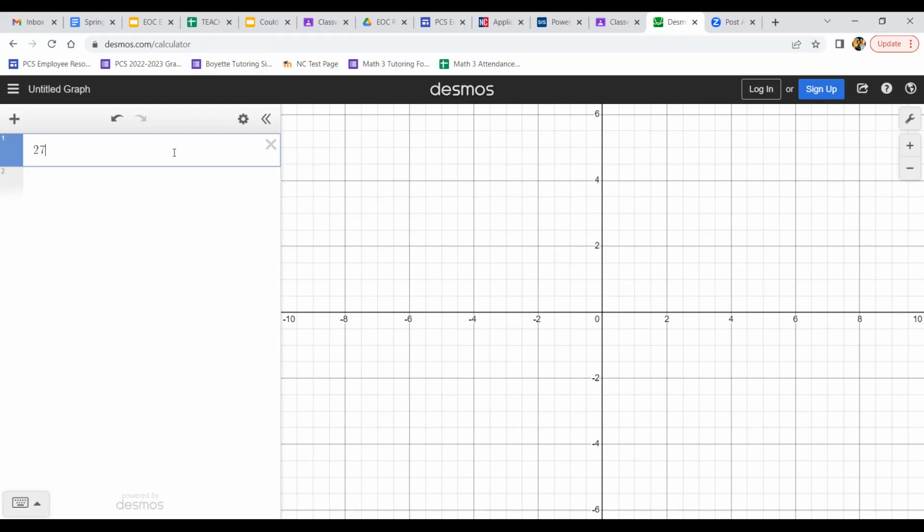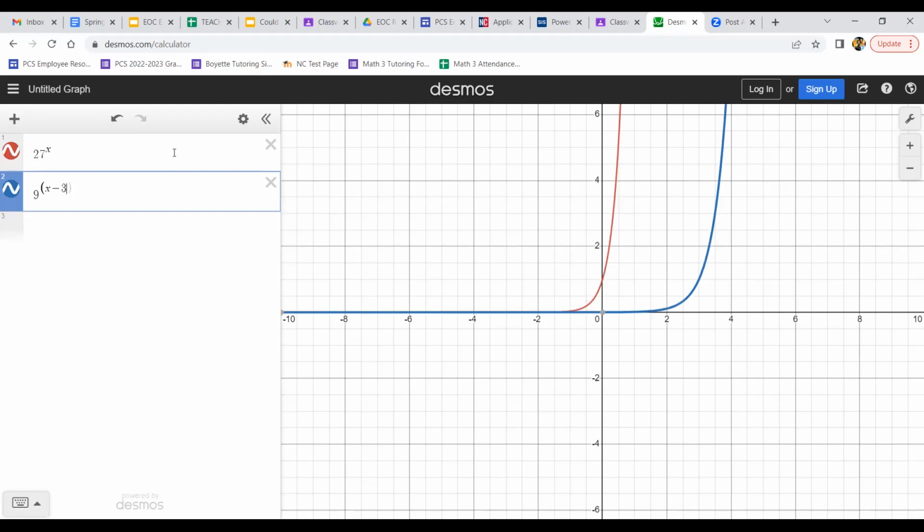I'm going to type shift 6, 27 to the X. And then 9, shift. And then to get X minus 3, I have to put it in parentheses, X minus 3. Otherwise, it won't let me do the minus 3. Okay. Is it very easy to see where they cross? Was anyone able to figure out where they cross?